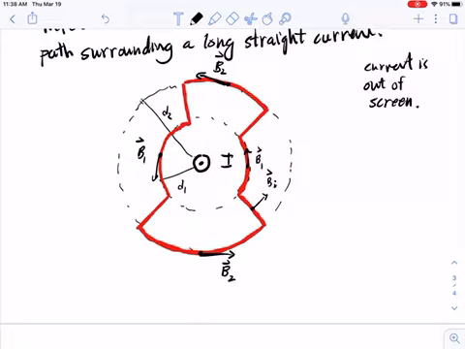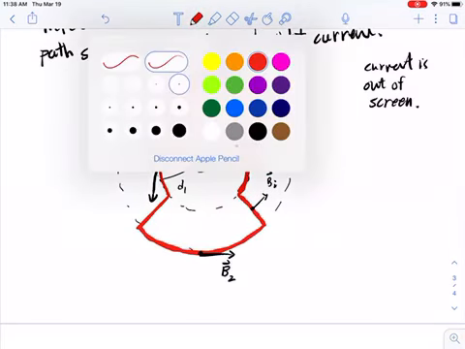In fact, what I should do is, B1's a stronger magnetic field. I should make these vectors longer than B2 if we want to have an accurate picture.